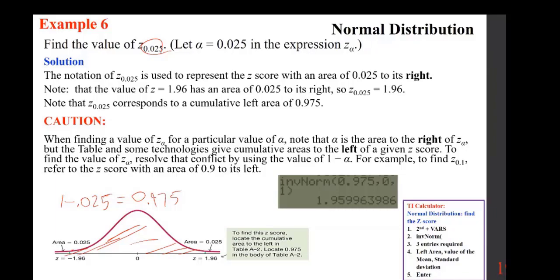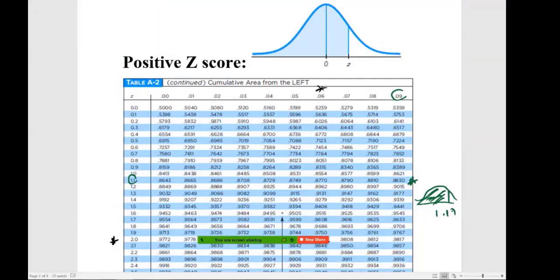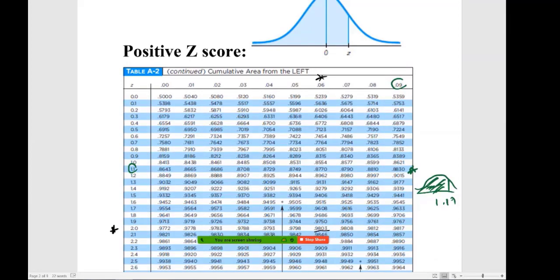By the way, by symmetry, if the area to the right of 1.96 is 0.025, by symmetry, the area to the left of negative 1.96 is also 0.025. So let's see if we can quickly look at, okay, so here we are looking at the z-score, and what we are looking for, the area to the right is 0.025.